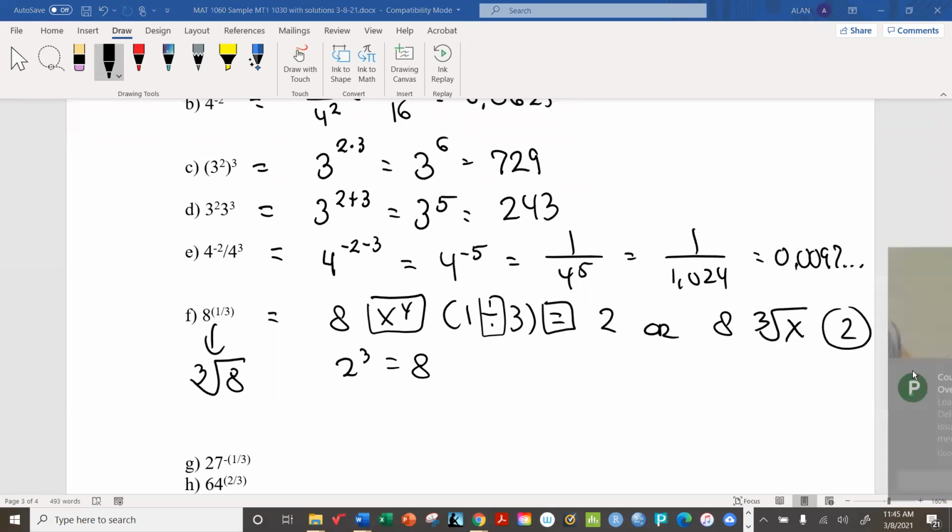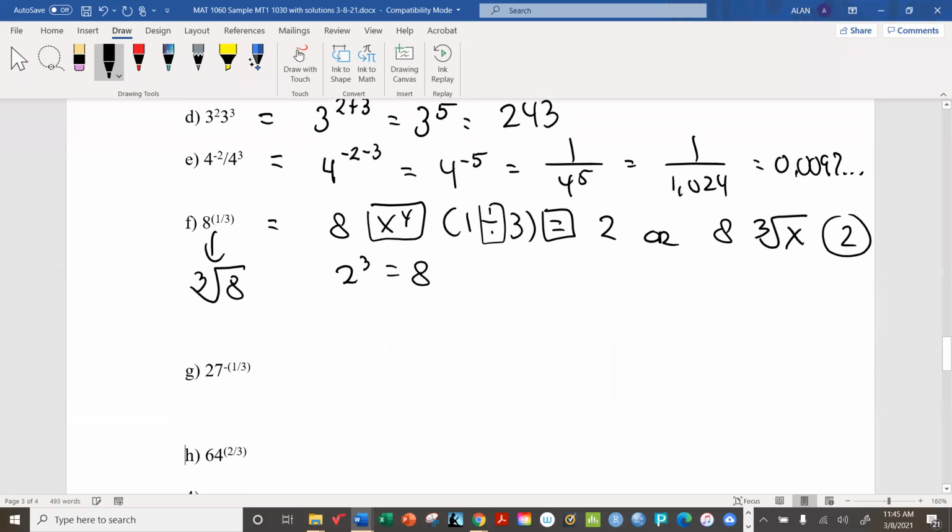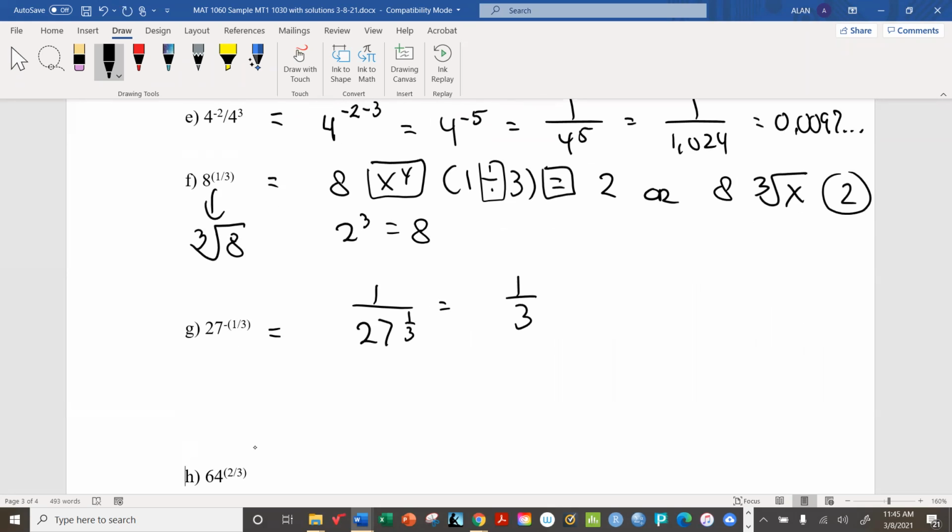Now, how about this one? Now there's a negative, so you can start by rewriting this as 1 over 27 to the 1/3. And now you're taking the cube root of 27, which itself can be obtained in the same way we had up here. You can use your cube root button, but what you could also do is put something like this, 27 x to the y. Now with this calculator, there is a plus minus button, which will turn this into a negative.